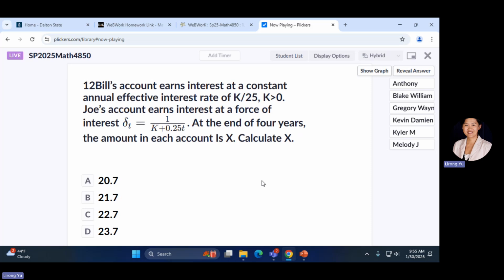So what we're going to calculate is A4. What's A4? A4 is going to be 1 plus 0.25 over K to the power of 4. Right, the accumulation function is this.